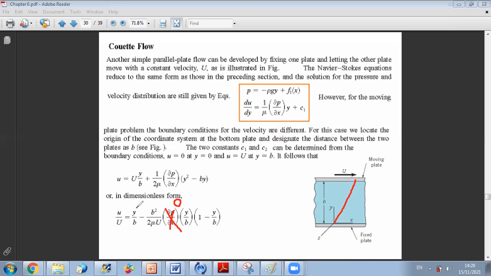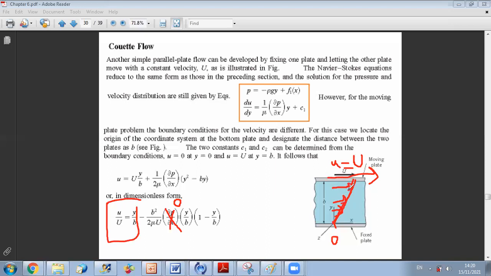Because you are imposing motion at the upper plate, so your fluid is forced to move there. At the upper plate, u equals big U, and at the lower plate, u is equal to 0. And if you don't have pressure variation, then this motion will lead to linear variation of your velocity profile, which will increase gradually from 0 to U.